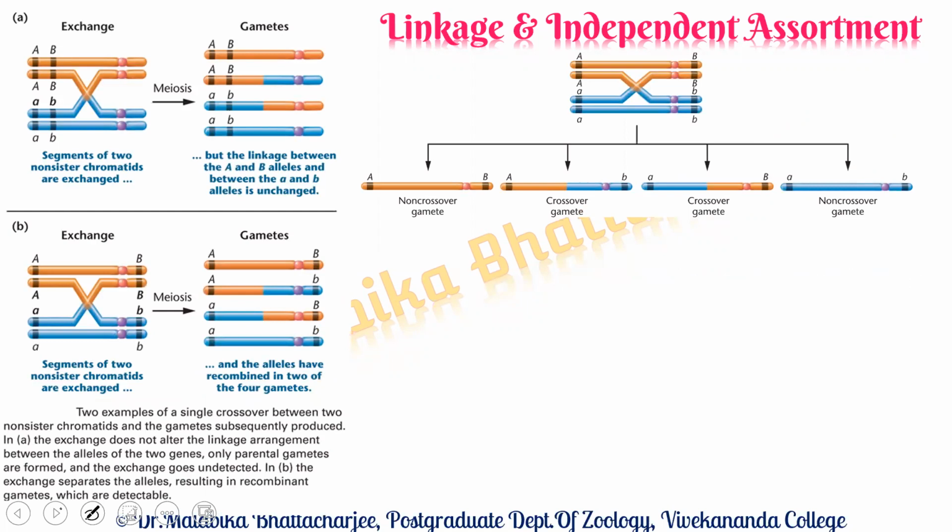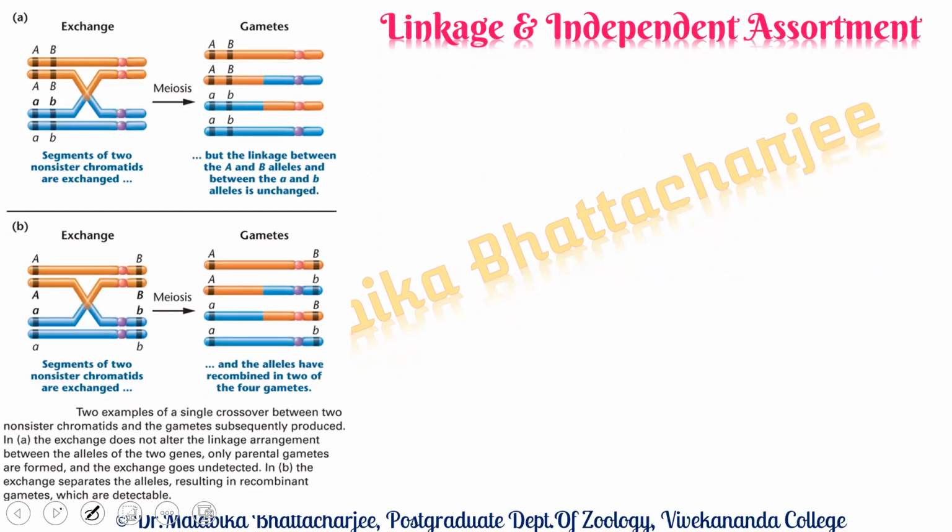Sorry, let's move like this one first. Now, look at this, the 2 linked genes are linked. And even though there is a crossover phenomenon occurring, it does not alter the linkage arrangement between the 2 genes in concern. You see that there is a crossing over occurring, but we are concerned with the status quo of the A and the B gene.